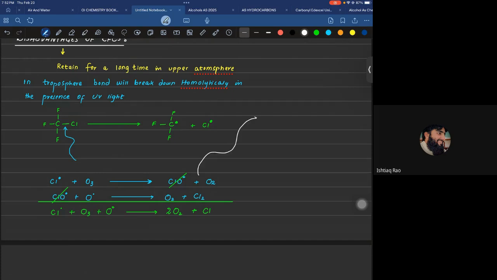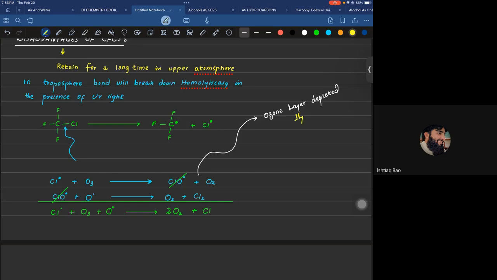After the ozone depletion, I can say the ozone layer is finally depleted. So what are the effects after the ozone depletion?